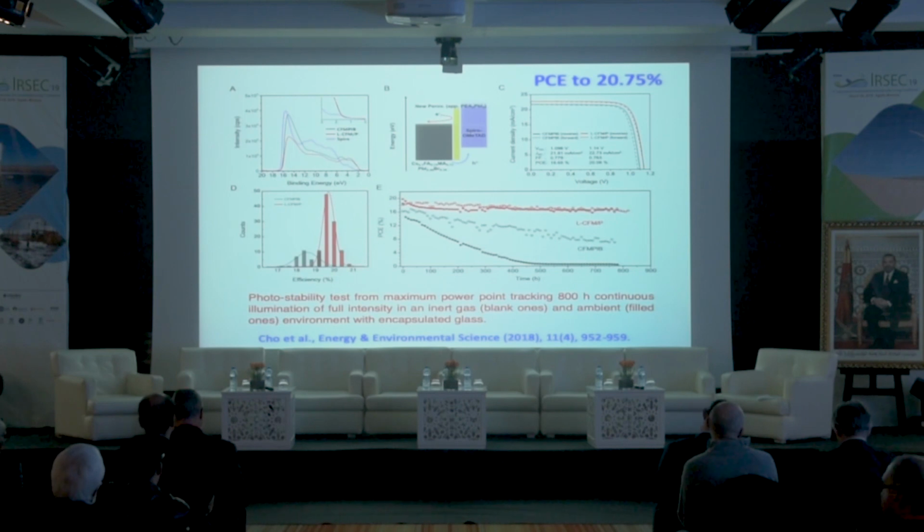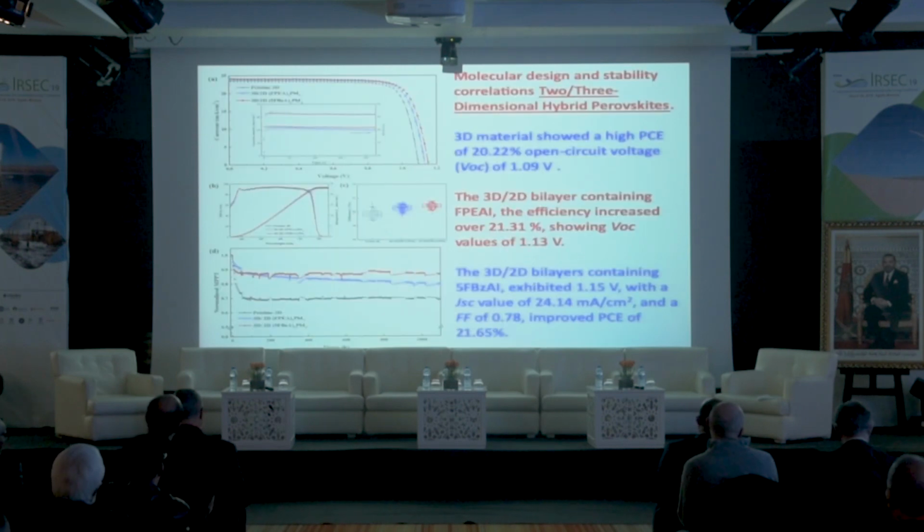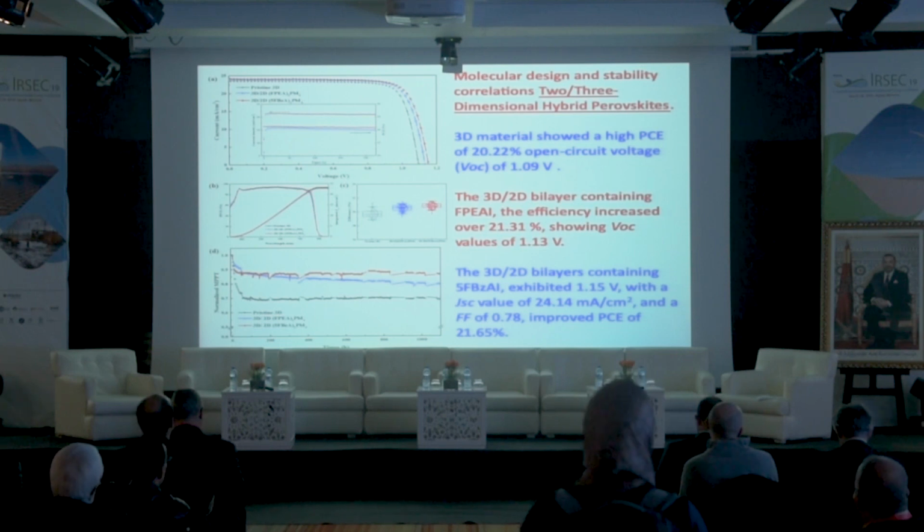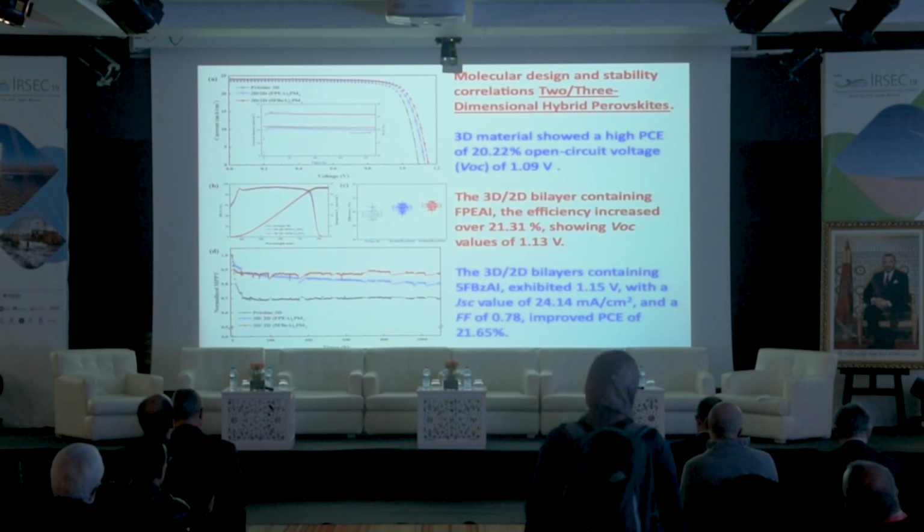This is based on the phenylethylamine cation. Since we are chemists, and just to motivate the chemists, this is not the end of the world. This opens enormous opportunities to tune your material. Phenylethylamine is one cation we have tested. We don't know exactly how this two-dimensional perovskite is aligned on the top of the three-dimensional perovskite.